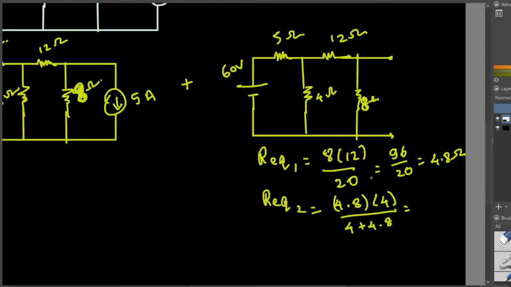Let me calculate that. 4.8 times 4 divided by 8.8 is 2.18. Then that is in series with this 5, so 5 plus 2.18 is 7.18.